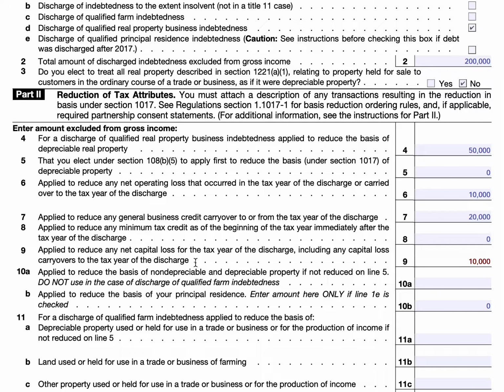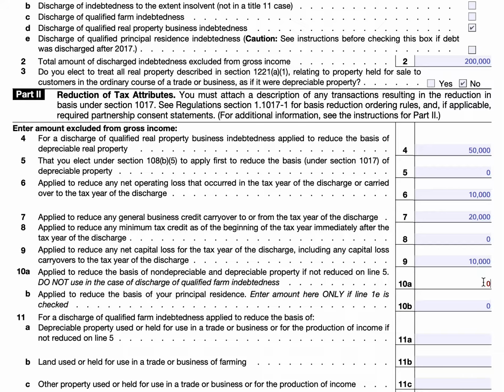In line 10A, you'll use this to reduce the basis of any non-depreciable property if you did not reduce it on line 5 already. But you won't use this for qualified farm indebtedness. That's in line 11. So we'll say no here because we already reduced the basis up in, oh, sorry.